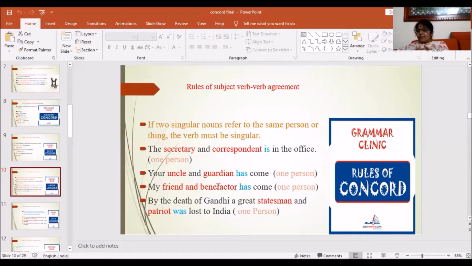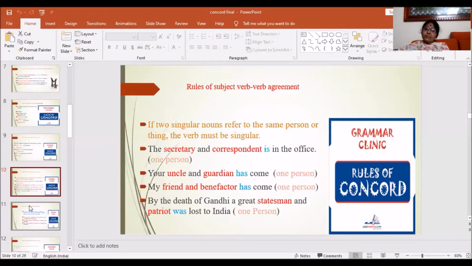Friend and benefactor is one person. So, we use a singular verb, right? By the death of Gandhi, a great statesman and patriot was lost to India. Now, statesman and patriot refer to Gandhi only. So, we use a singular verb.